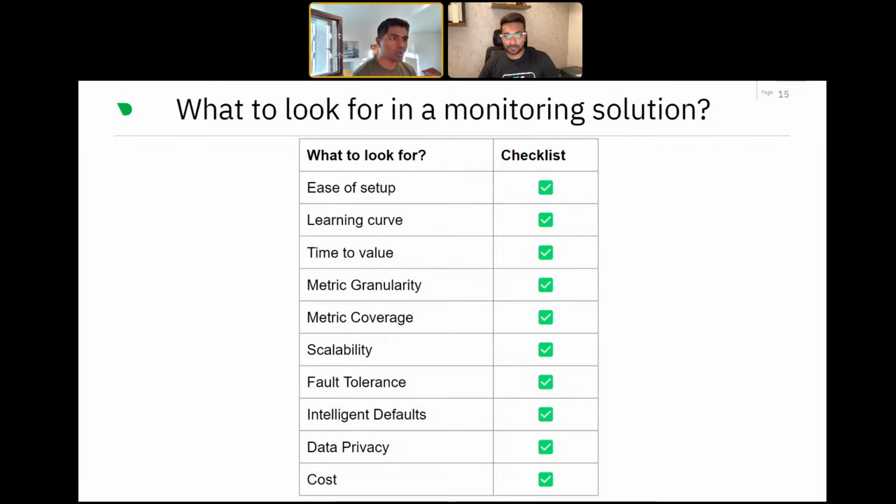And whatever tool you end up picking, you evaluate those tools for each of these things: ease of setup and data privacy and cost and all of these things that we talked about, because this is what at the end of the day will help you minimize your downtime and minimize your stress as well.